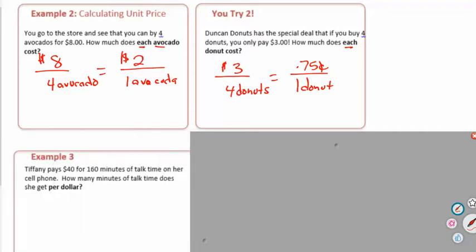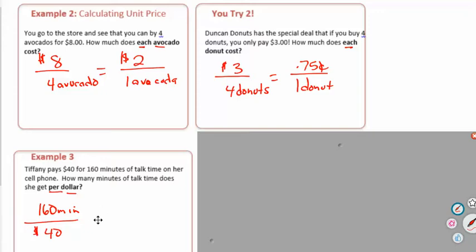And I say that as there's an example right here. Let's check this one out. Tiffany pays $40 for 160 minutes of talk time on her cell phone. How many minutes of talk time does she get per dollar? So in this case, dollars are going to be on bottom, okay? But mostly all the other times you want to figure out how much something is per item instead of per dollar. So we're going to put our minutes on top, 160 minutes, for $40, okay?